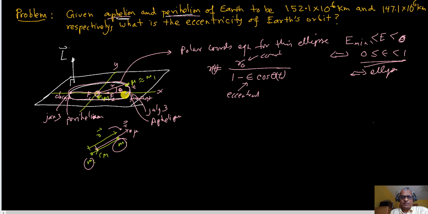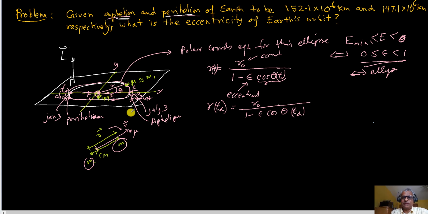So looking at this, you can see that when theta equals 0, that's the furthest. So let's call it T Aphelion and T Perihelion. So R at T Aphelion is R0 over 1 minus epsilon cosine theta at T Aphelion.